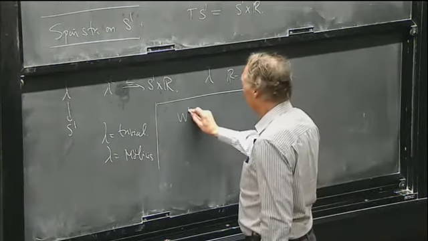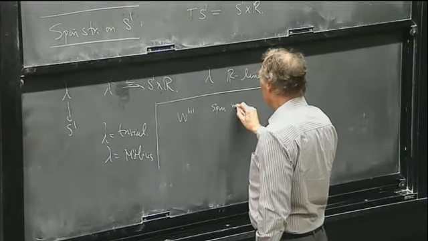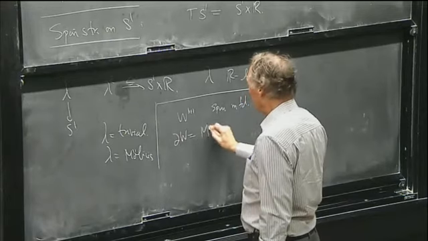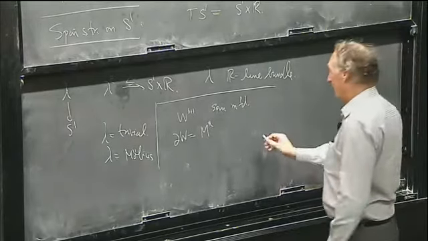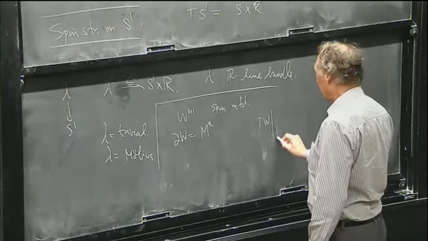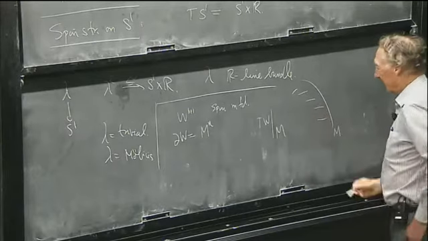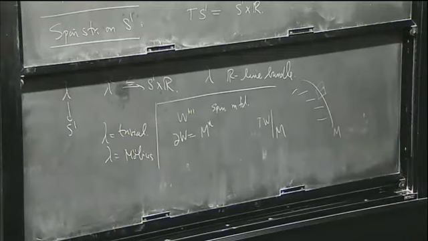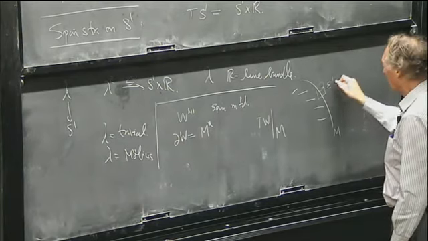So W^(n+1) is a spin manifold, and its boundary is some n-dimensional manifold M. We look at the tangent bundle of W restricted to M. Here's W, here's M. The tangent bundle restricted to M has an extra direction that's not in the tangent space to M, and I'll choose the outward pointing normal.